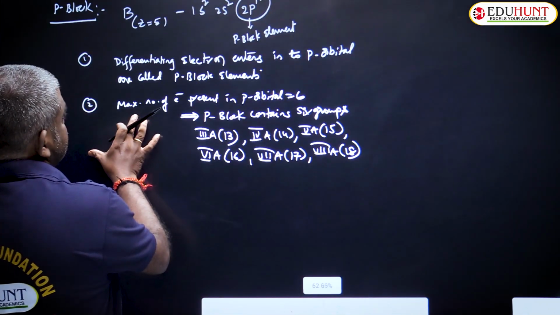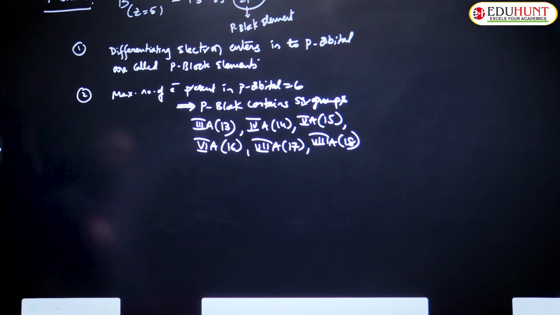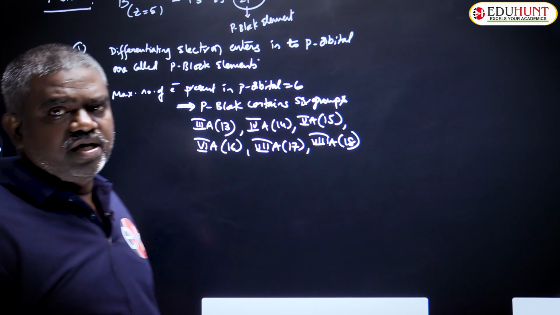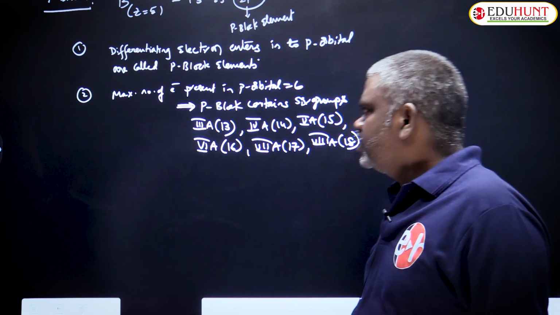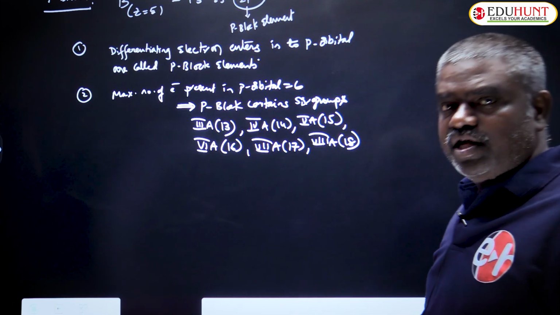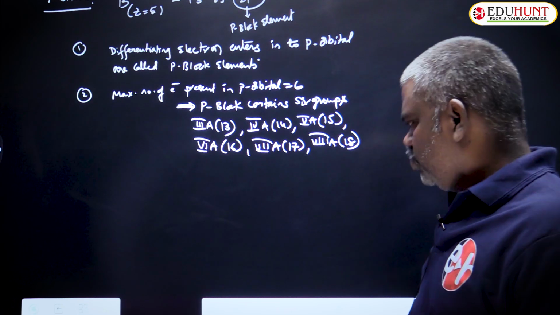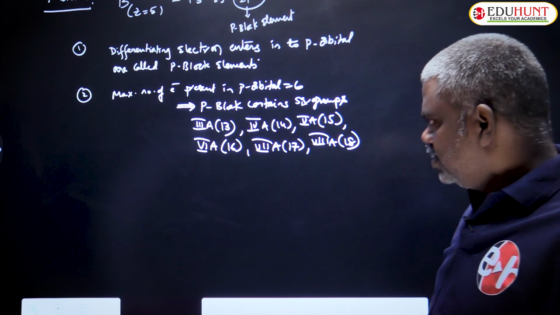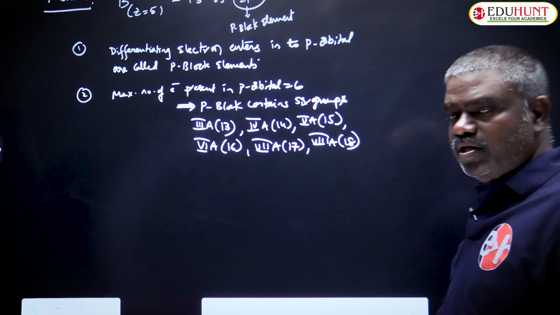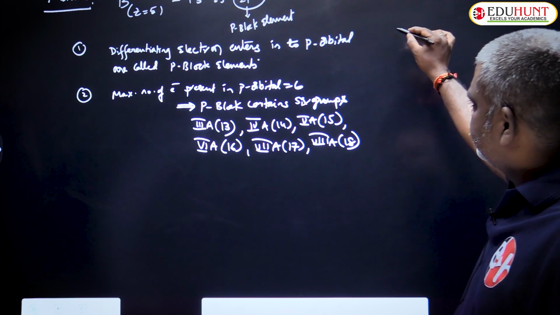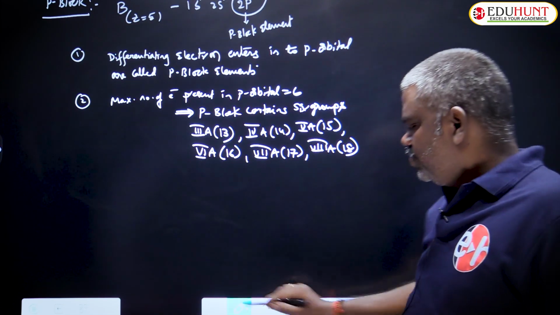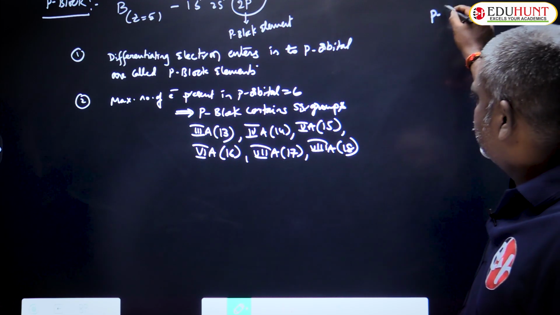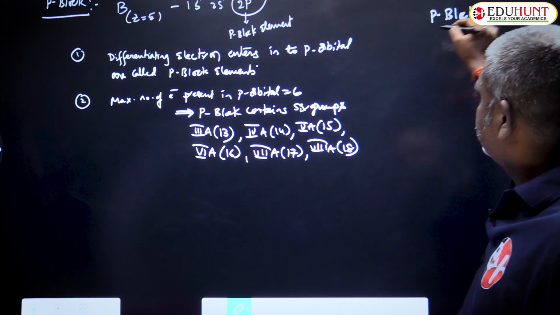So P block is where the differentiating electron enters into the p orbital. Here the maximum number of electrons in the p orbital is 6, hence P block contains 6 groups. Observe this in the periodic table: P block is present on the right side.